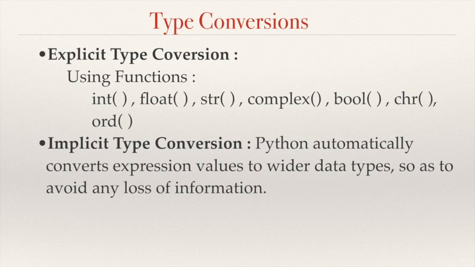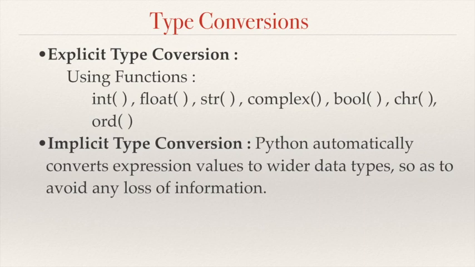The str function converts any int or float or boolean or complex number as its argument into a string value. The bool function converts any int or float or string or complex number as its argument into a boolean true or false value.